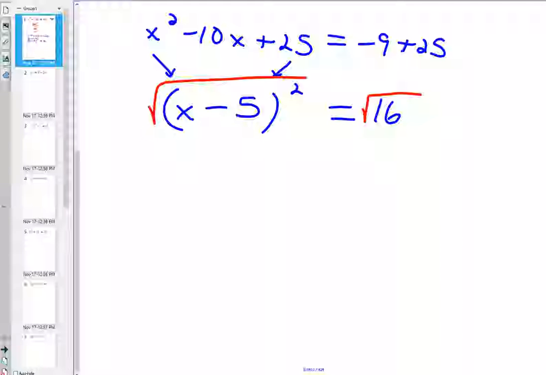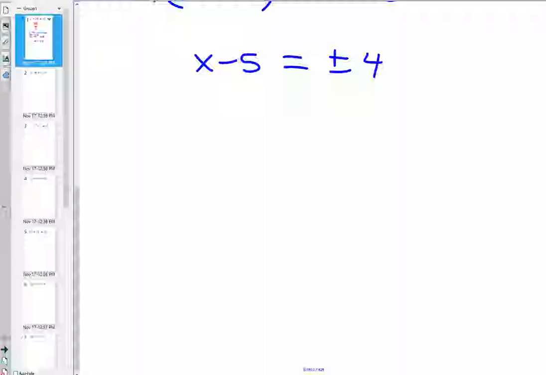So that means I can use square root property to tell me that x minus 5 is equal to plus or minus 4. When the plus and minus shows up, are there any square roots left? Do you see any square roots still in the equation? No. Has the variable been isolated? No, so we just split. So x minus 5 is equal to 4.